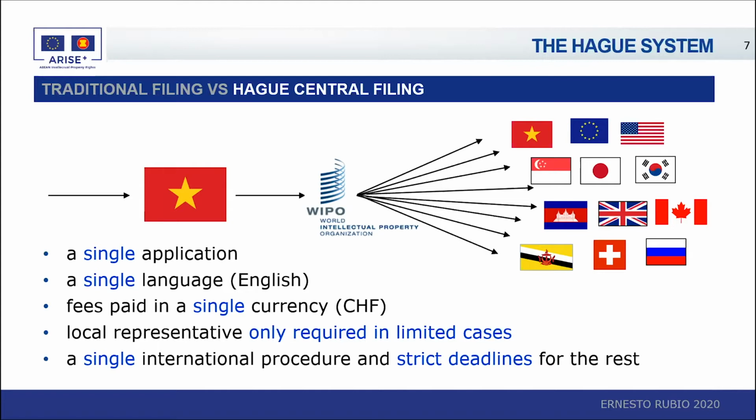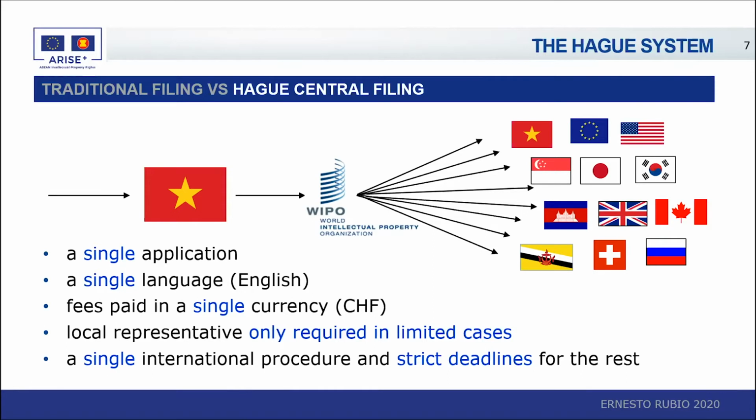And it will need a local representative only in limited cases. So it is eventually much less expensive and less cumbersome to follow the Hague International route instead of several different routes and procedures to get protection for designs in various countries.